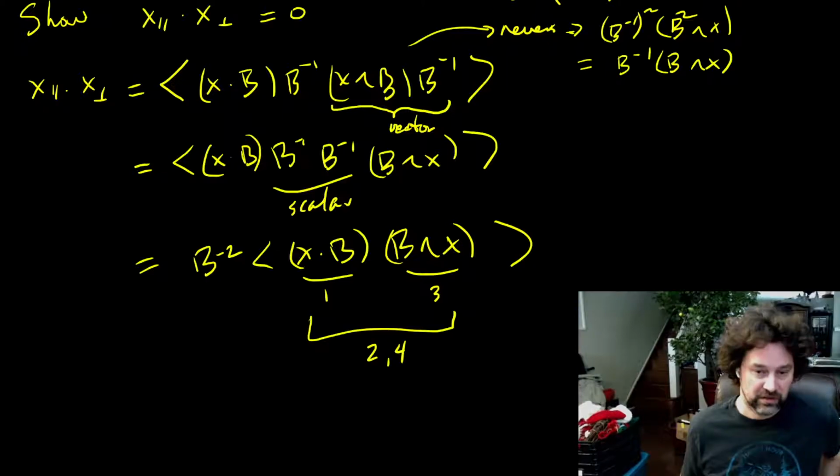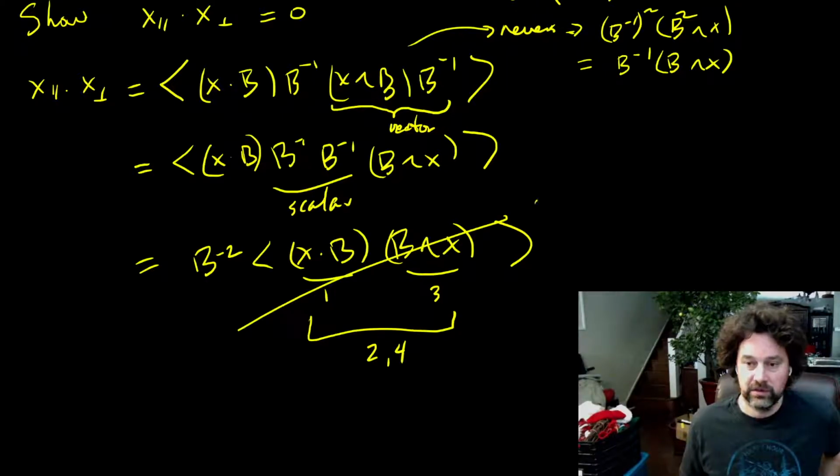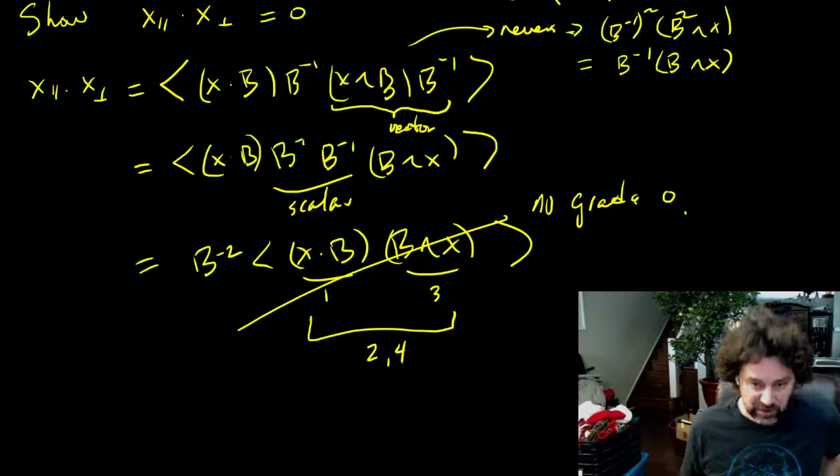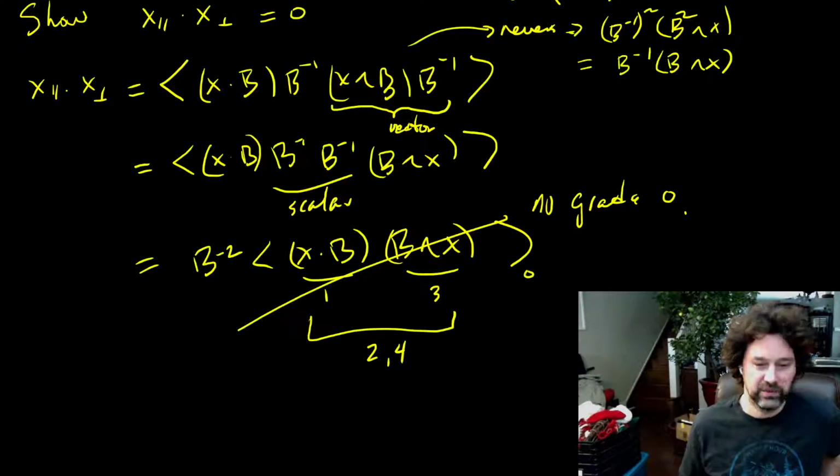That's grade 3 minus 1 and grade 3 plus 1, which means that there is no grade 0 term. So that multivector, x dot b times b wedge x, has only grades 2 and 4 components, no grade 0 component. So if we select only the grade 0 component, which is what we're doing, we have 0.